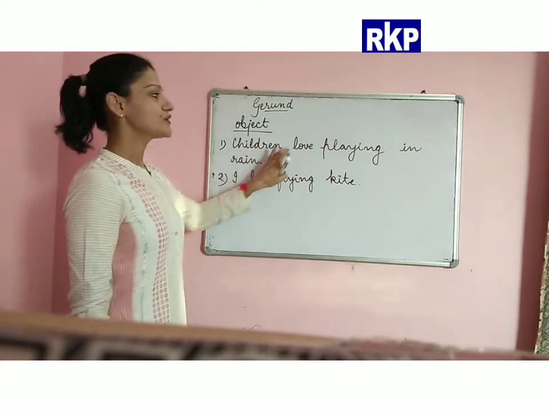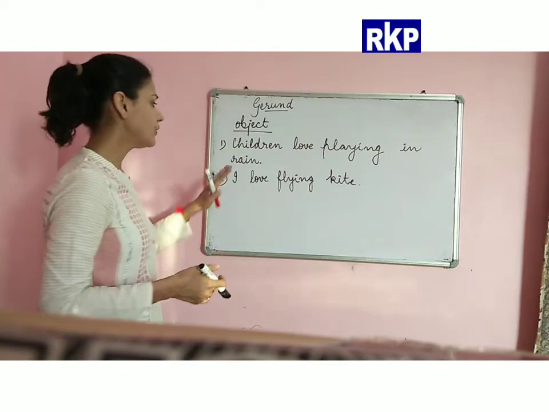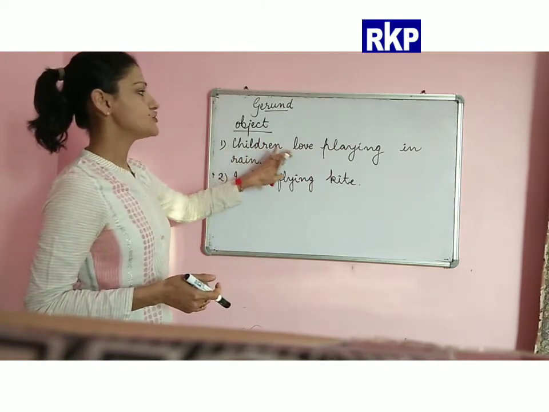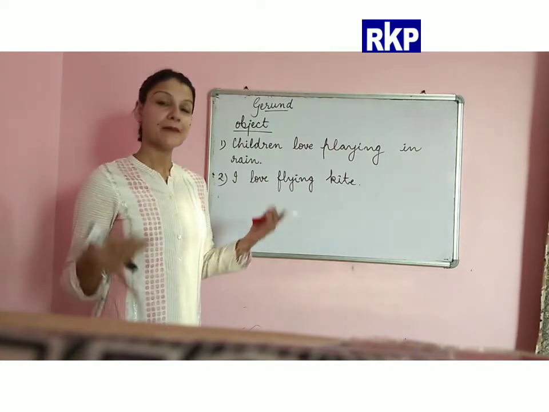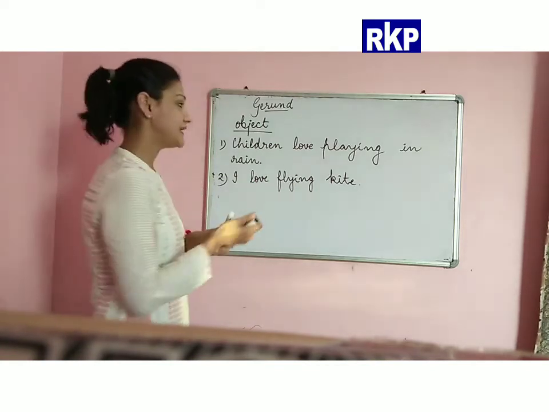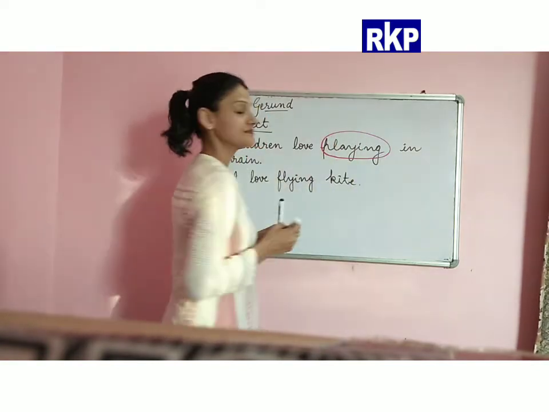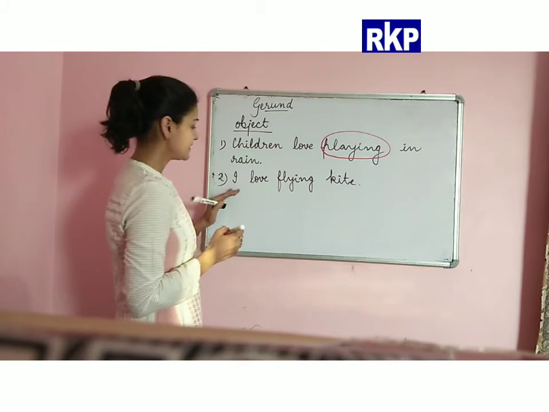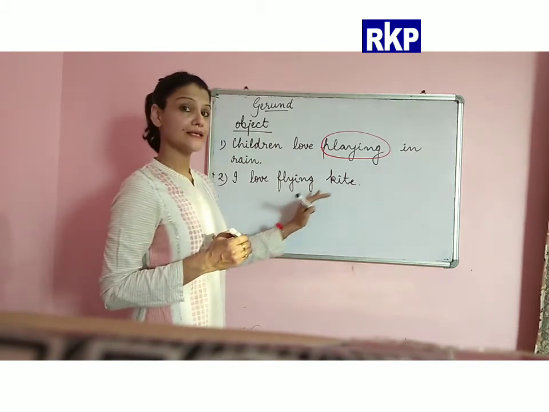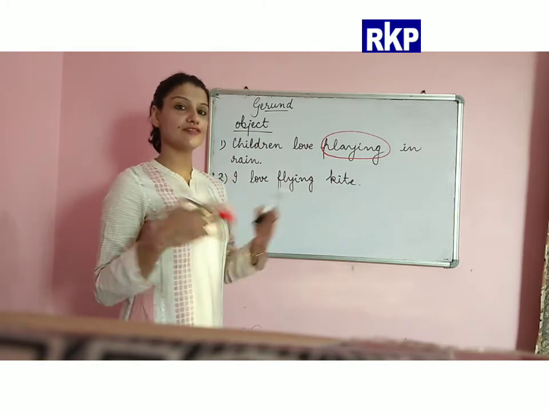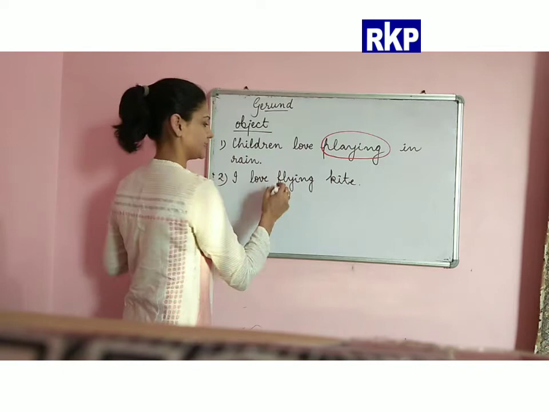So, children love playing in rain. Now if you see here, beta, children love what? Playing. They love playing. And the second one is: I love flying kites. I love what? Flying.